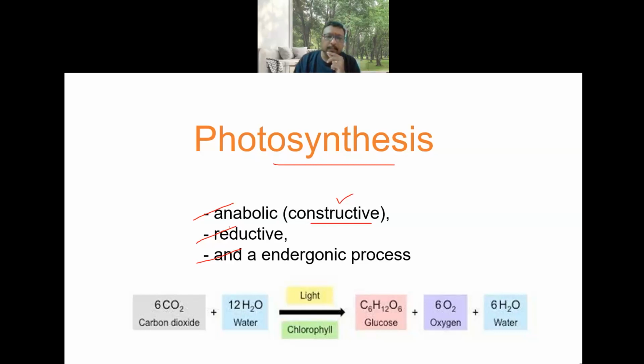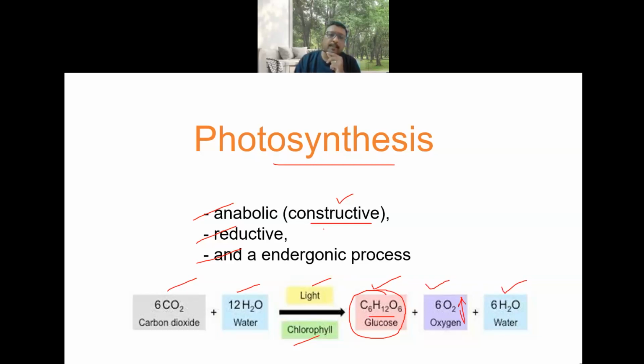Here simple molecules like carbon dioxide and water, in the presence of light and chlorophyll color pigment, form a complex molecule, that is carbohydrate, the sugar molecule glucose, C6H12O6. Along with this, oxygen is evolved and water is released.